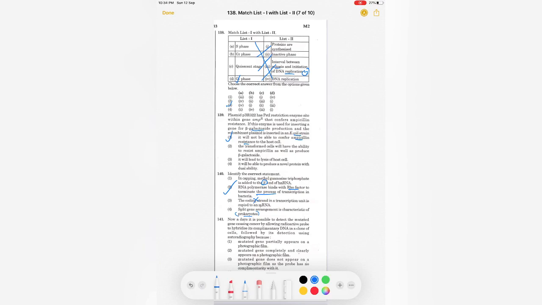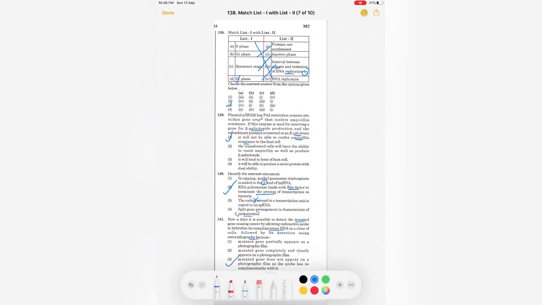Question number 141. Nowadays, it is possible to detect the mutated gene causing cancer by allowing a radioactive probe to hybridize with its complementary DNA in a clone of cells, followed by its detection using autoradiography. Options: mutated gene partially appears on a photographic film; mutated gene completely and clearly appears on a photographic film; mutated gene does not appear on a photographic film as the probe has no complementarity with it.